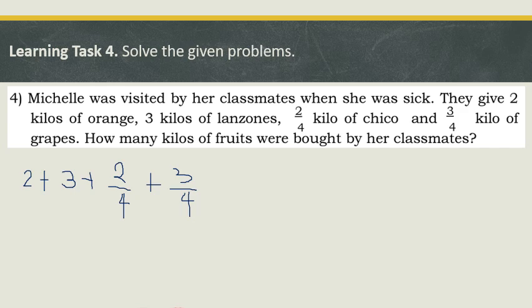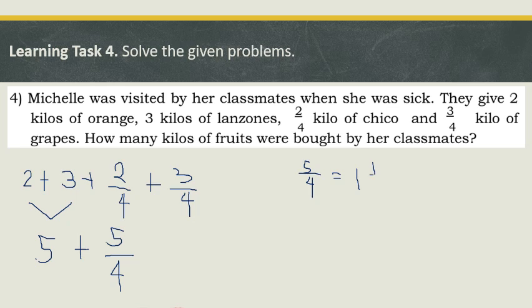I-add muna natin yung whole number. Ito po ay 5. Plus, ang 2/4 plus 3/4 ay similar fraction. I-add lang natin yung numerator. 2 plus 3 is 5. Tapos, copy ang denominator, 4. Ngayon, ang 5/4 po ay improper, pwede natin siya gawing mixed number.